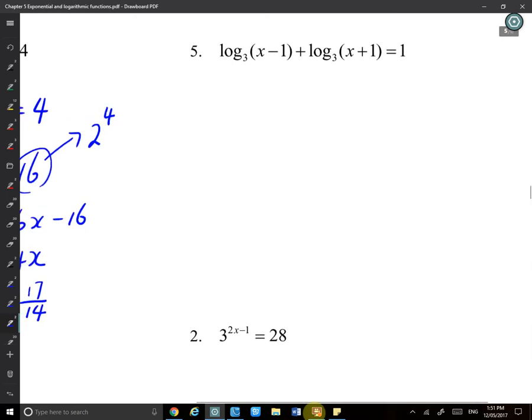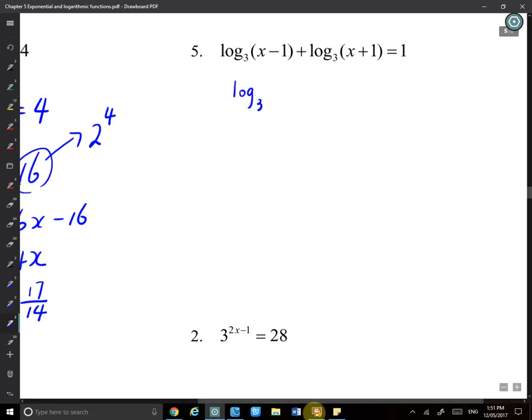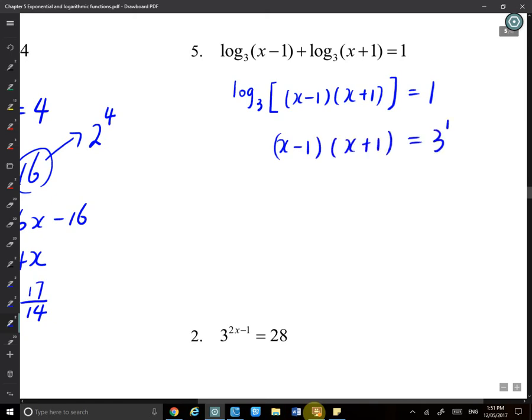Next one. Next one will have log 3, x minus 1 times x plus 1, equals 1. x minus 1 times x plus 1, that is 3 to the power of 1. x squared minus 1 equals 3. x squared equals 4.